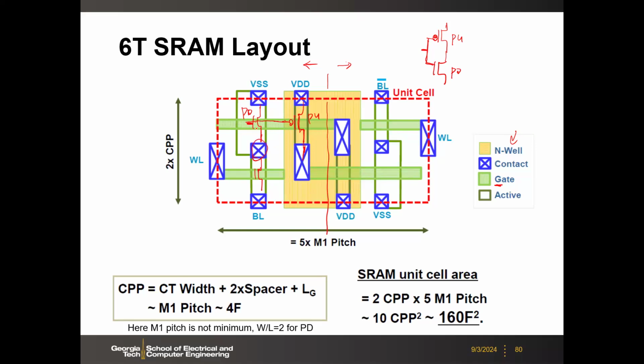This is your pass gate, and the pass gate is attached to this storage node. And then this is the wordline that controls the pass gate.